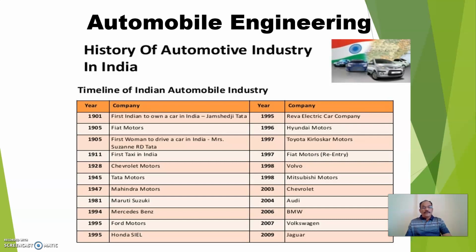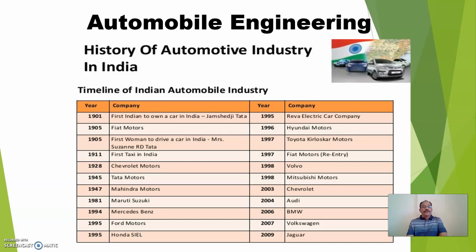In 1905 again, the first woman to drive a car in India was Mrs. R.D. Tata. Then in 1911, the first taxi in India was seen on the road. In 1928, Chevrolet Motors started selling its cars in India.